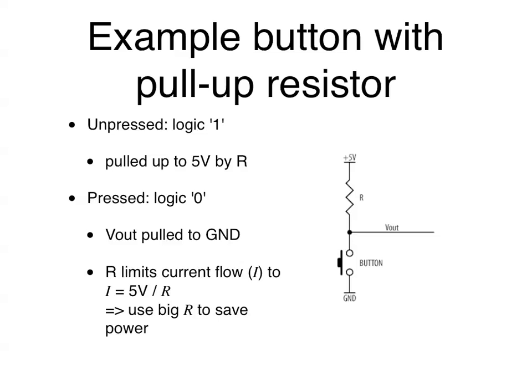And the resistor is also there to serve a kind of protection purpose. It limits the current, because with a resistor you can limit how much current can flow through.